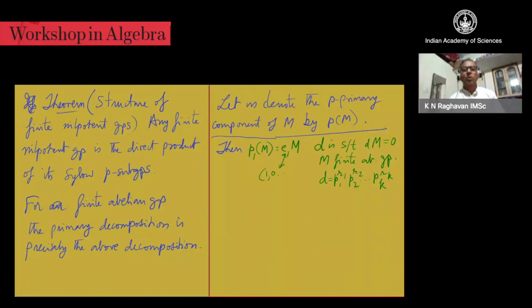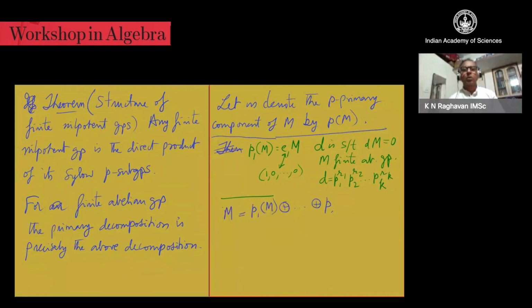So this is the P1 primary component of M. The P2 primary component of M would be, and so on. Let us denote the P primary component of M by Pm. So M is P1M direct sum up to PkM. It's a sum of its primary components.